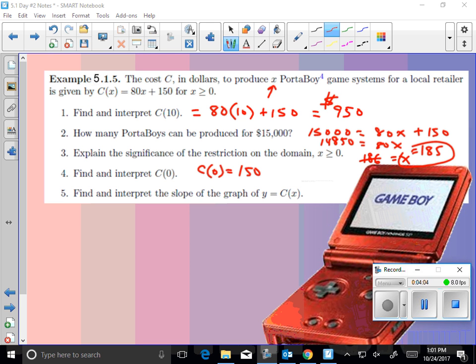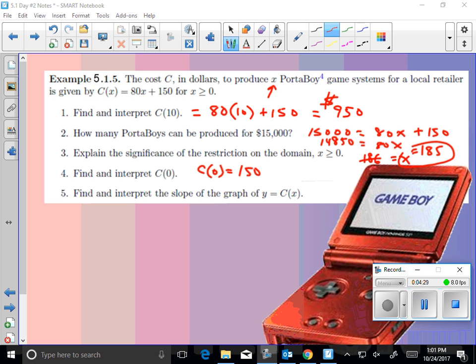That'll be a processing fee maybe, right? I'm going to process you in as a customer. So if on the test I ask you to interpret that and you say C of 0 equals 150, and then you don't say what it could possibly mean, you get it wrong because, yeah, C of 0 is 150, but it says interpret.